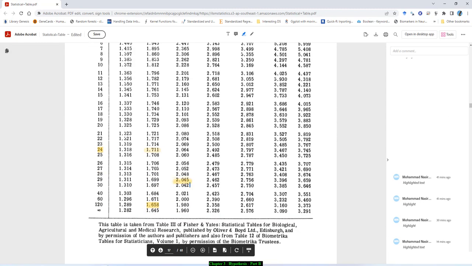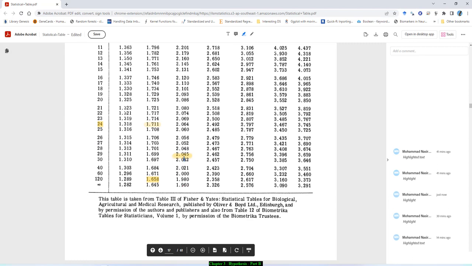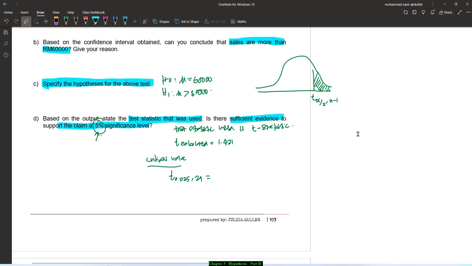Is it 2.045? This is 2.045, right? So our decision rule: kita tahu dekat sini, based on the critical region, this is a rejection region and this is acceptance region.